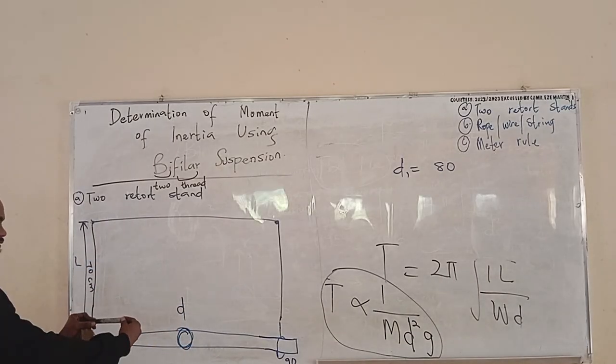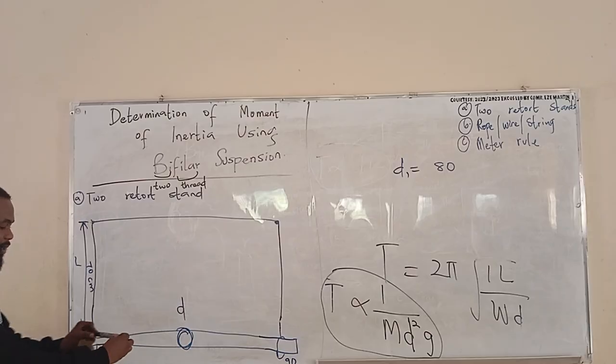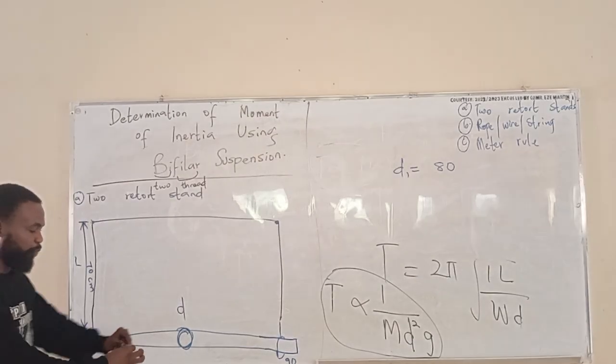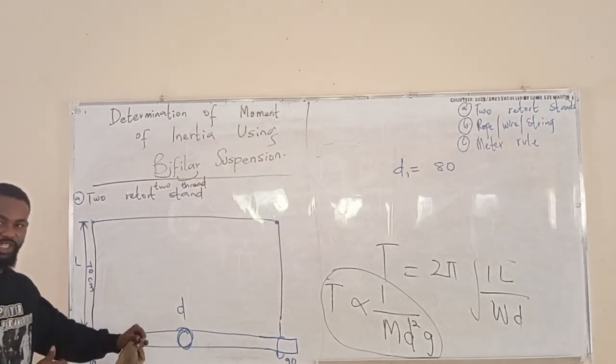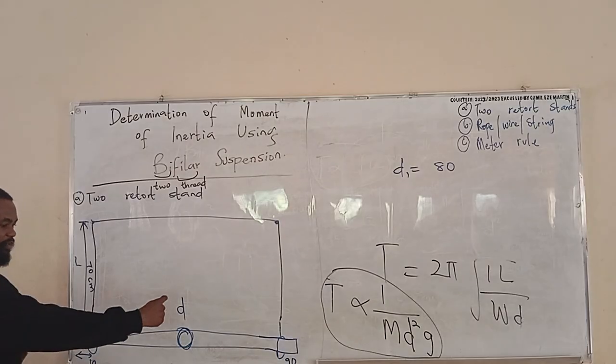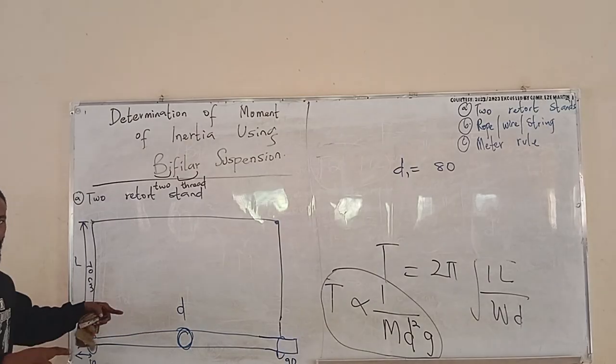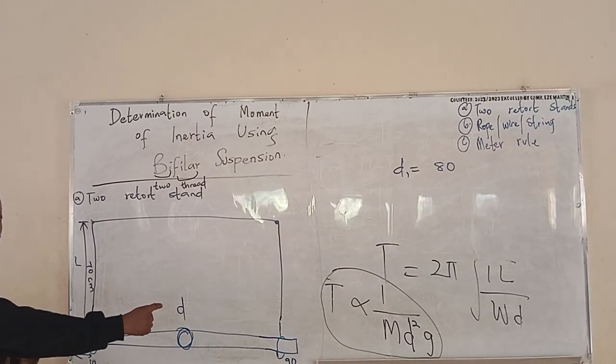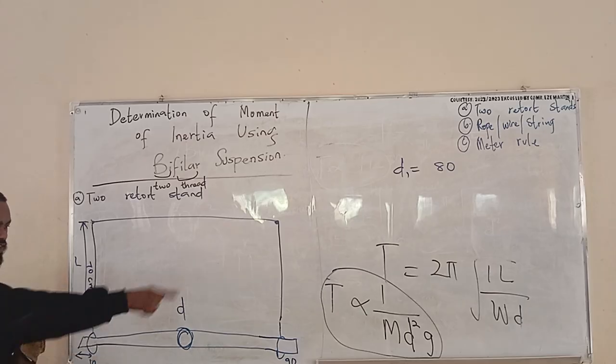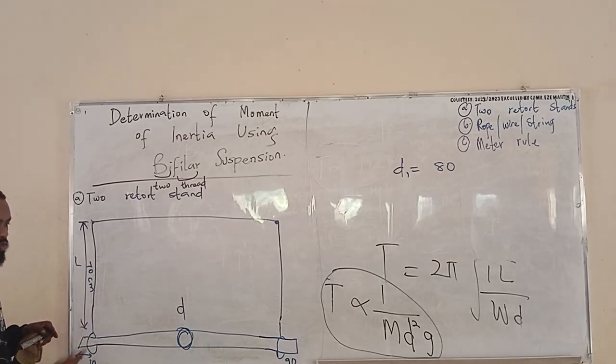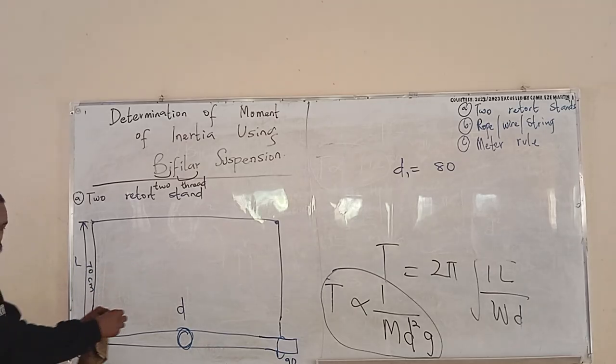As I have it like this, I slightly push this part and push this part and I leave it, so that it is now moving this way. You get it now? So it is not moving this way, it is not moving this way. Rather, it is more like turning. Yes, it's trying to turn. Angular displacement.